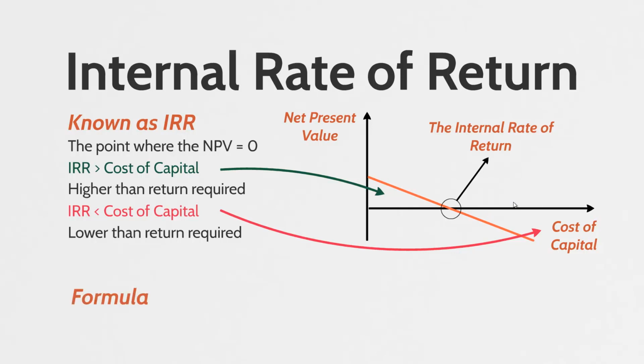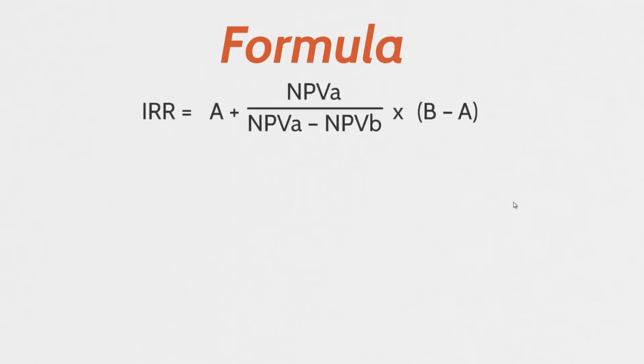And let's explain how to calculate this. You don't need to know the technical ins and outs of this formula, how it is created, the science behind it, but you do need to be familiar with the actual formula for the exam. And the formula is IRR equals A plus NPVA divided by NPVA minus NPVB, multiplied by B minus A. And you may be sitting there thinking, well, what on earth does that mean?